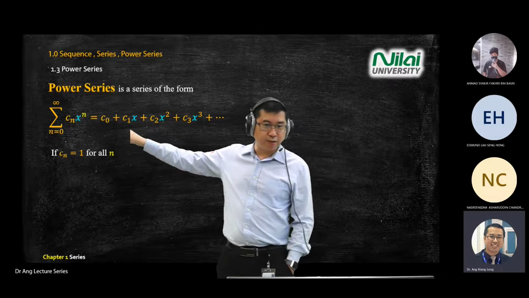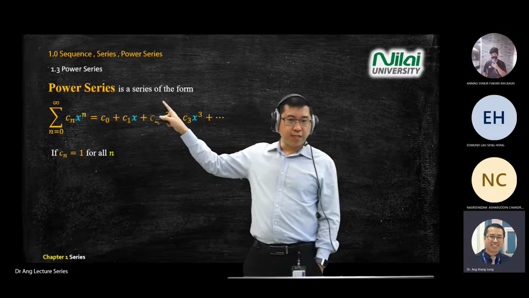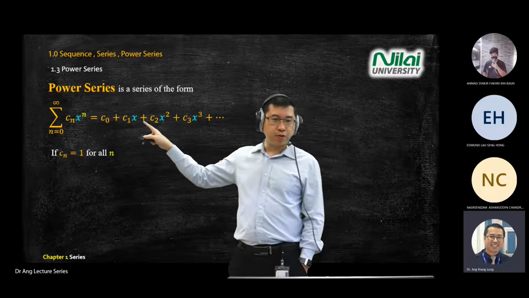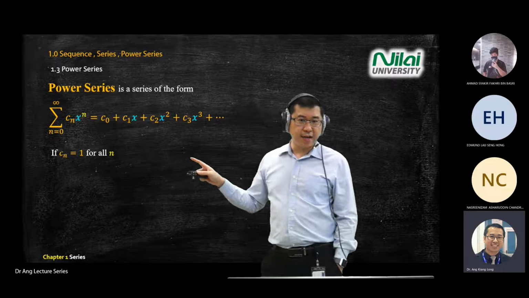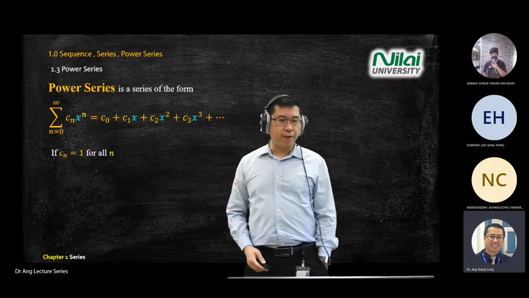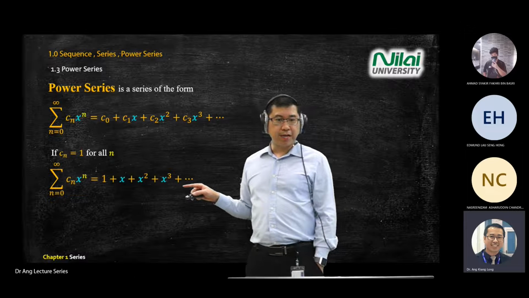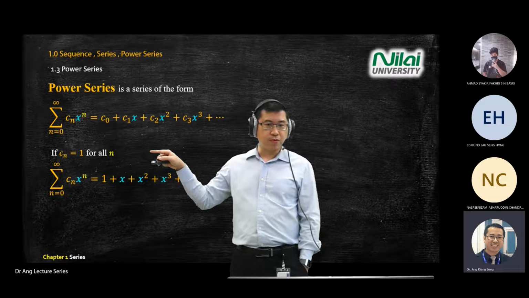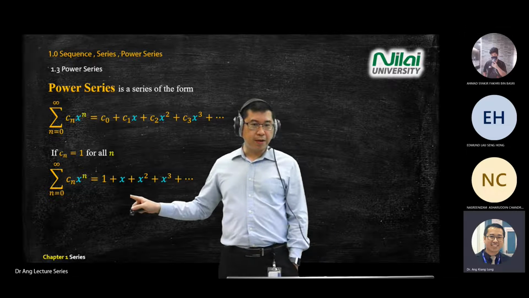If you want to say something about power series, you use the equation of C n x power n. So what happens if your Cn is 1 for all the n? You can write the power series like this one. If your Cn is 1, what happens to the power series?